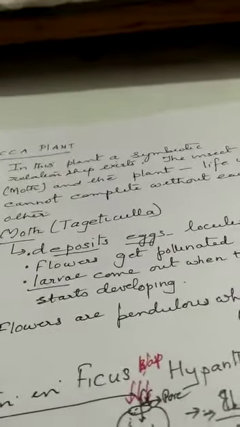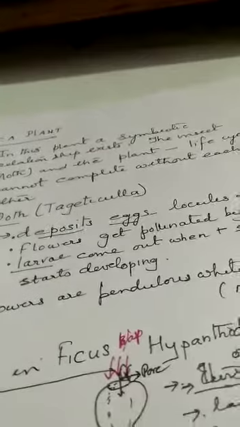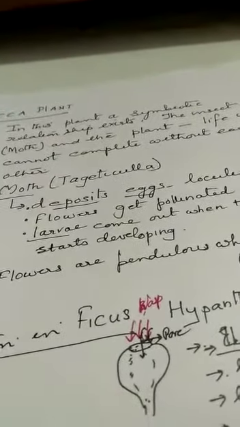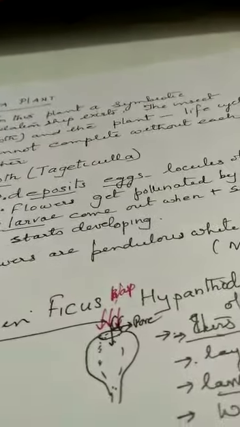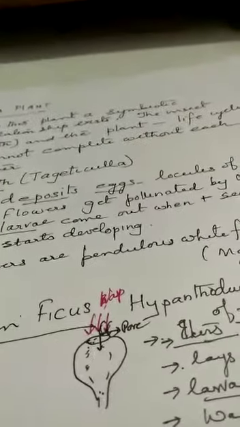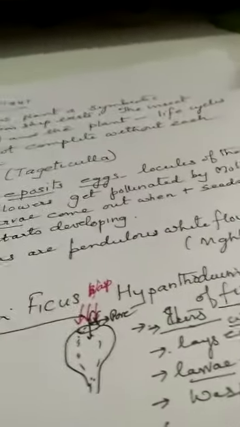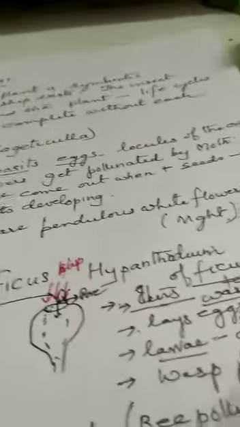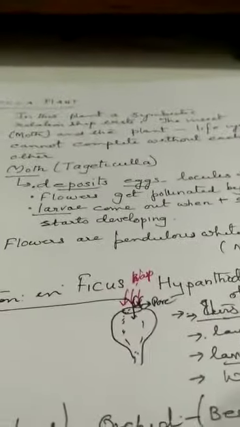The moth and the plant cannot complete their life cycles without each other. The moth, Tegeticula, deposits eggs in the locules of the ovary, and the flowers get pollinated by the moth, and larvae come out when the seeds start developing. Another speciality of these flowers is that they are pendulous, white, and bloom during night.